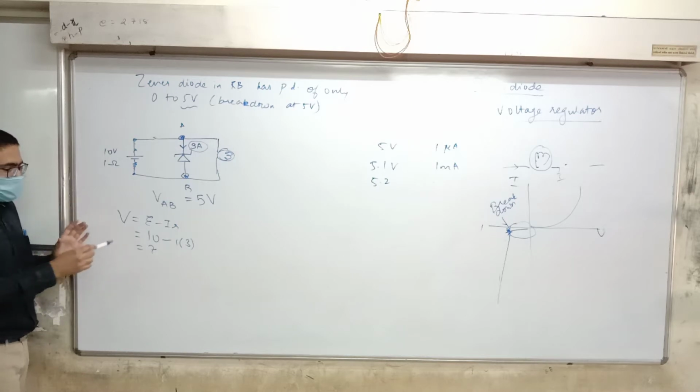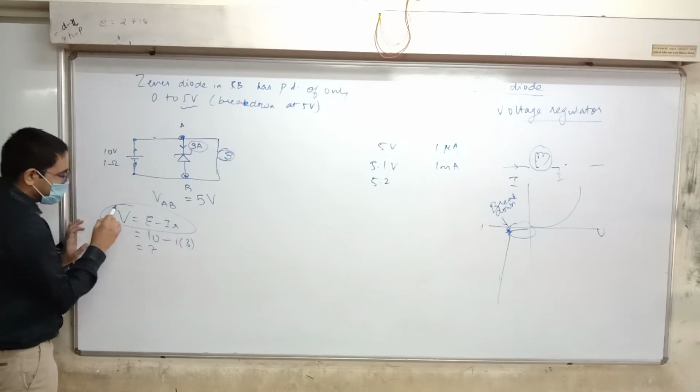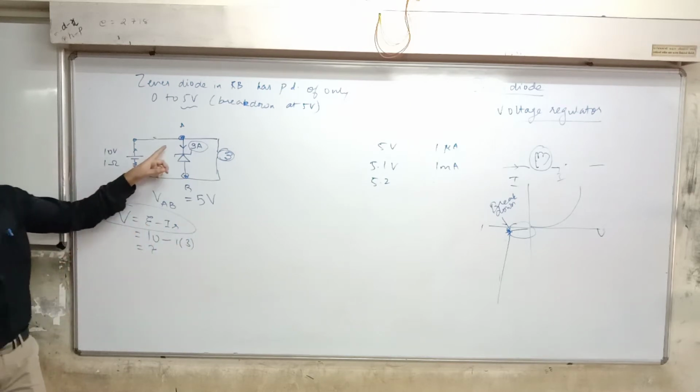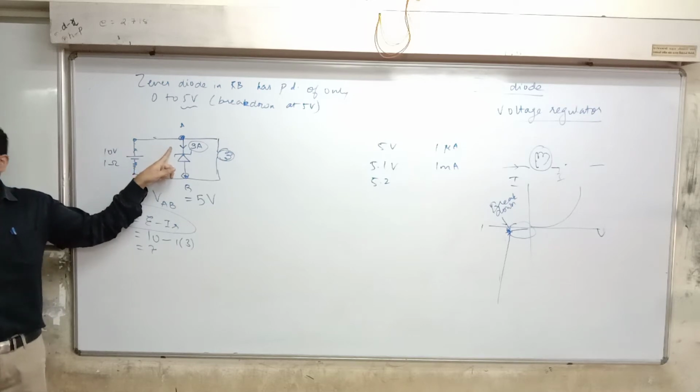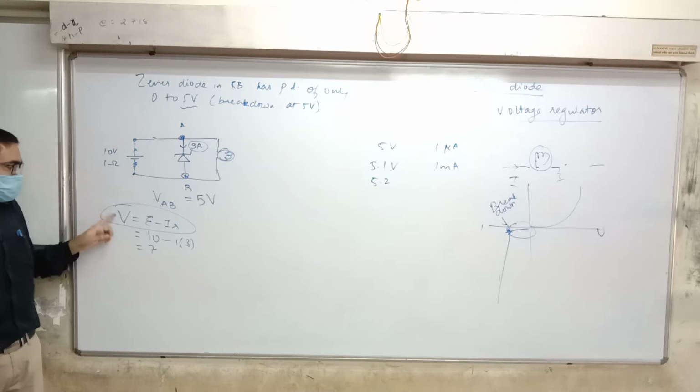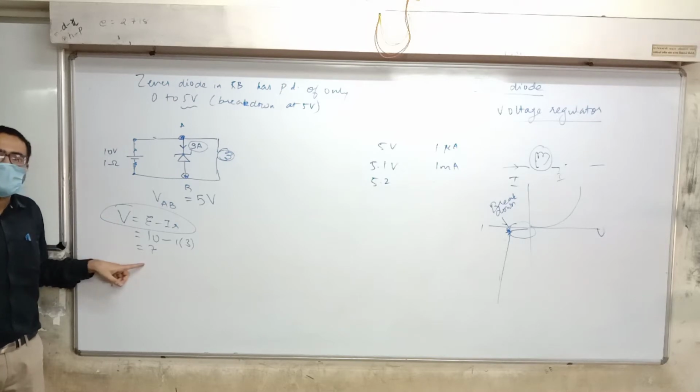But did you understand the basic idea that this formula is telling you that if the current is very high in the circuit, then the terminal voltage will actually decrease. Who understood that? Nobody?